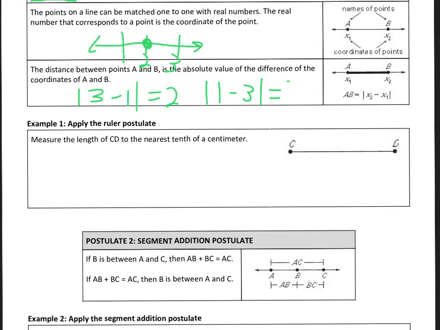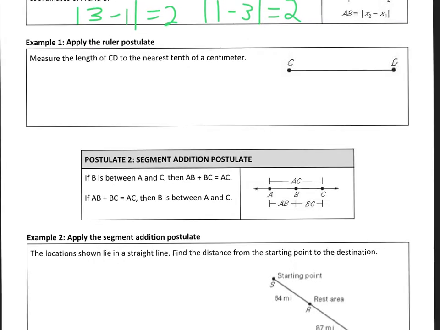The absolute value of that is also 2. So finding the distance between 2 points comes down to being able to subtract them. On a number line, sometimes you can count, but I like using the math because we may be doing some work with number lines that doesn't allow us to just count, okay?